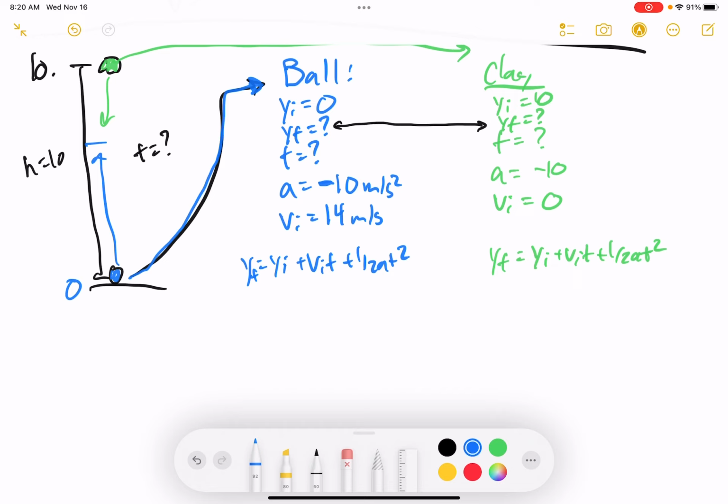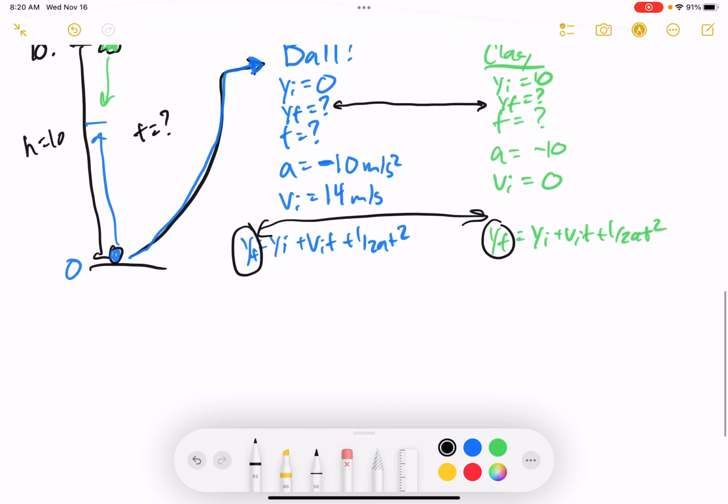Okay, so let's go ahead and plug in. Well, before I plug in, we know that this is equal to this, so I can set those two things equal to each other.